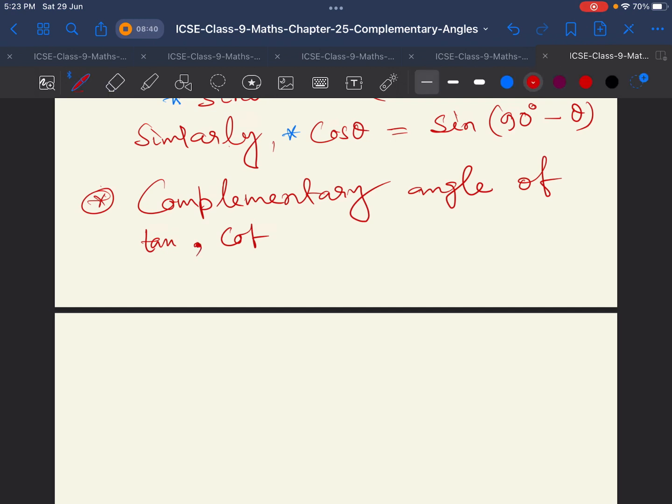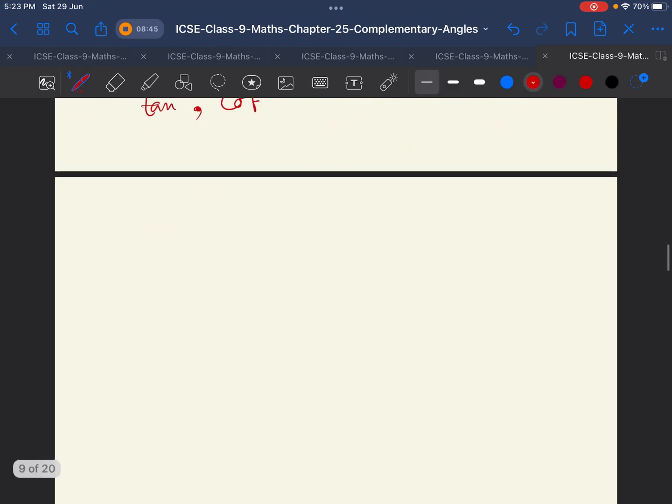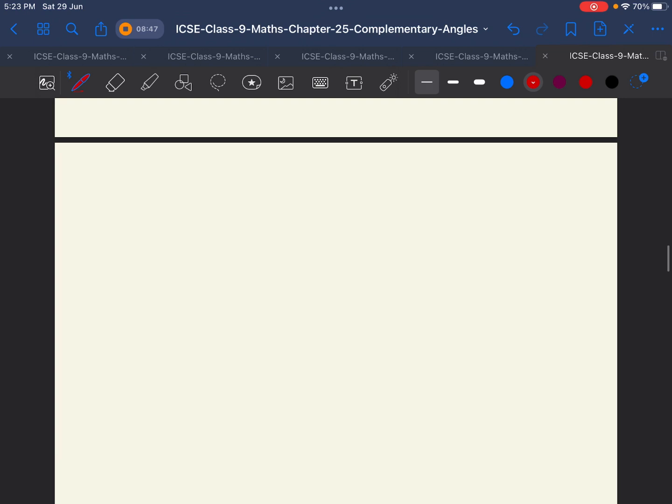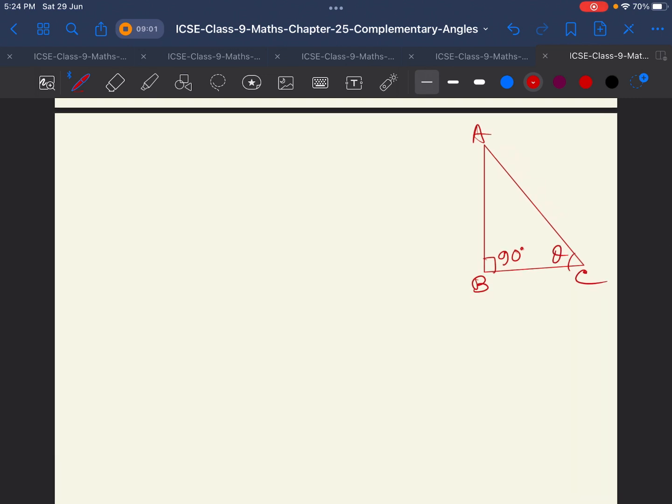Now we draw a triangle. This is a triangle with 90 degrees, and this is A, B and C. Here this is theta and this is 90 minus theta.